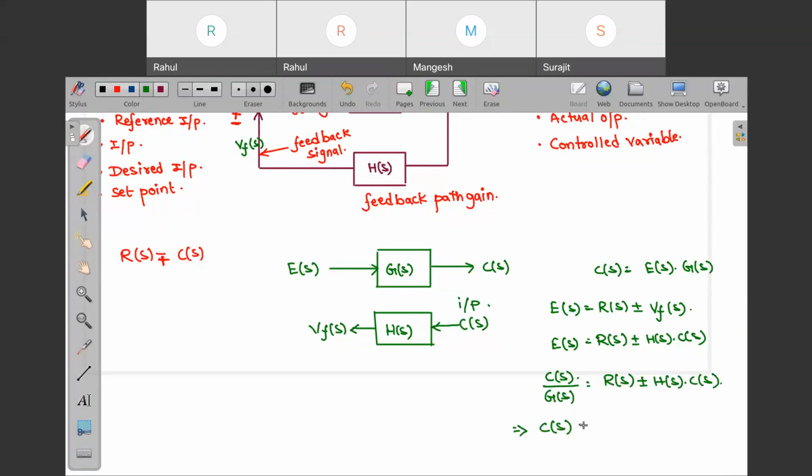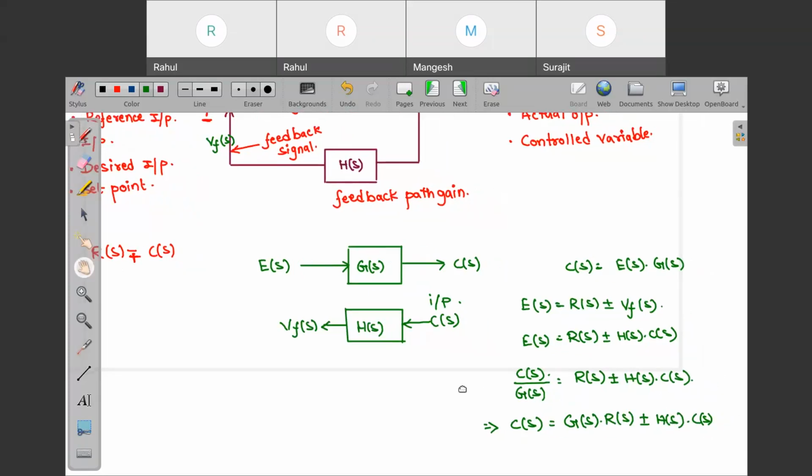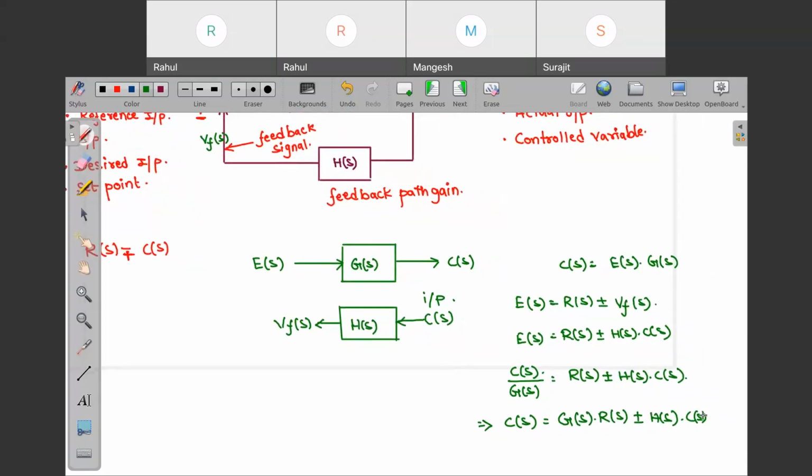Okay. So now what we can do, we can take this over here. So C(s) is equal to G(s) into R(s) plus minus H(s) into C(s) into G(s). So now let us bring this over here. So C(s) common.